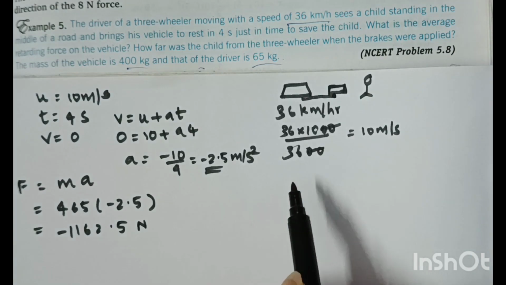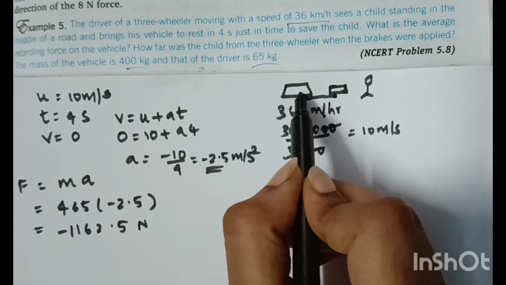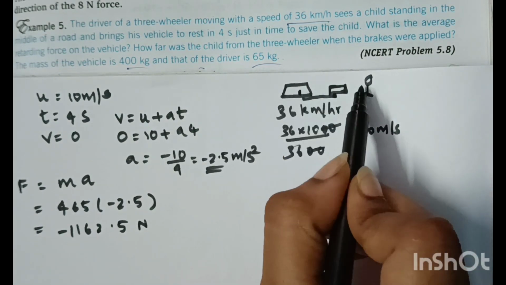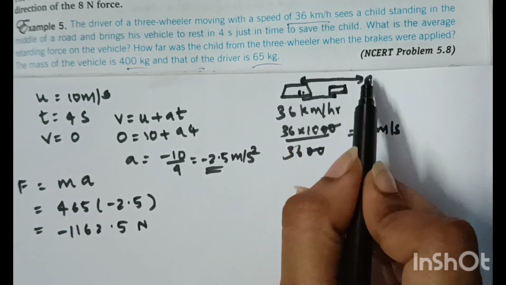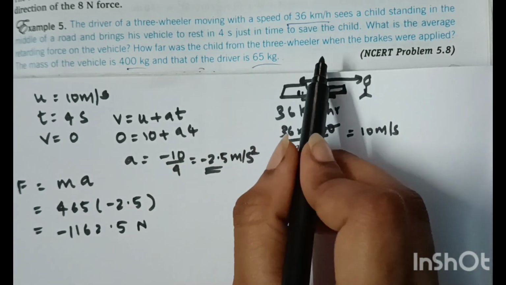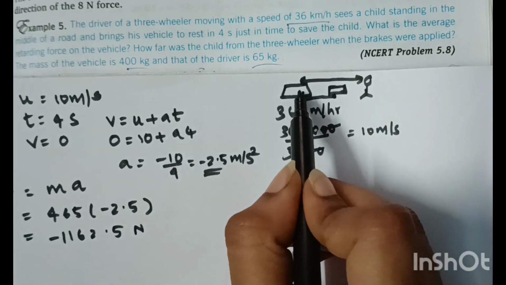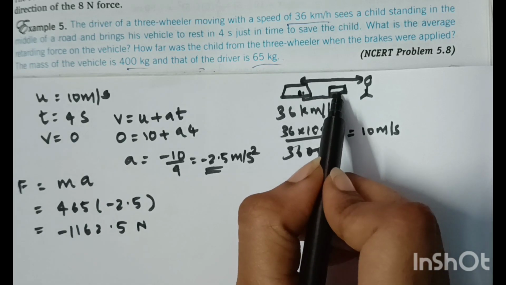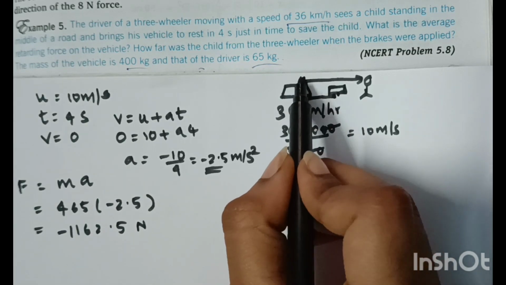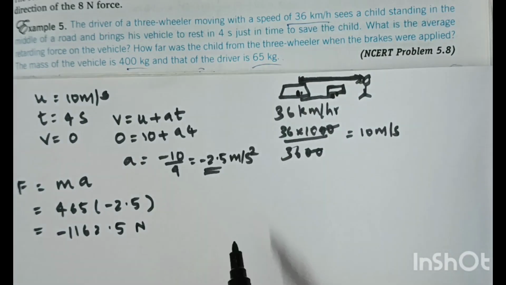So initially it was at this distance. So they are asking what is this distance. So how far was the child from the three-wheeler when brakes were applied. So here he has applied the brake, and it took some time and it stopped here. So initial distance means we have to take this distance.